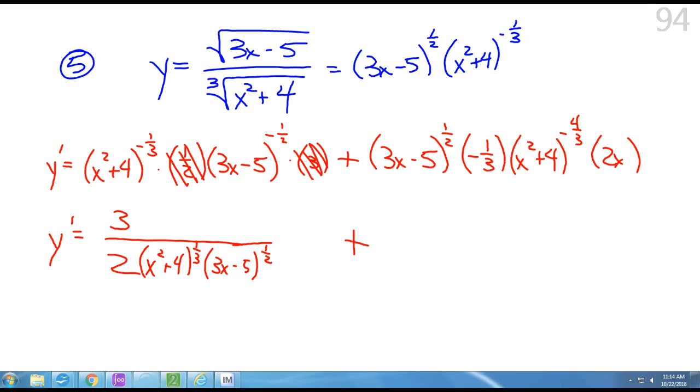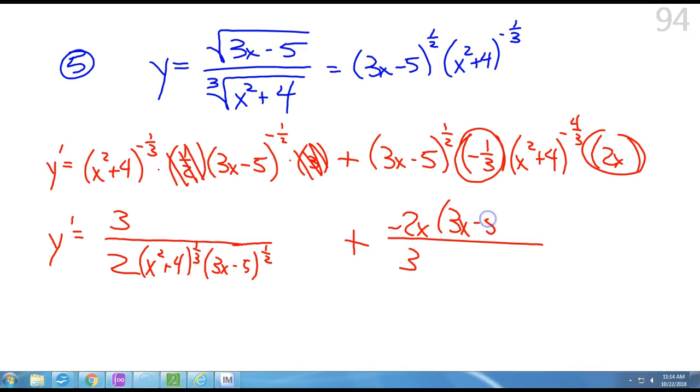And then over here, so I've got a negative. I'm going to go negative 2x on top and 3 on the bottom. So I'm just taking those two and combining them and going negative 2x on top, 3 on the bottom. We good there? And then the 3x minus 5 is on top to the 1/2. And the x squared plus 4 is on the bottom to the 4/3.